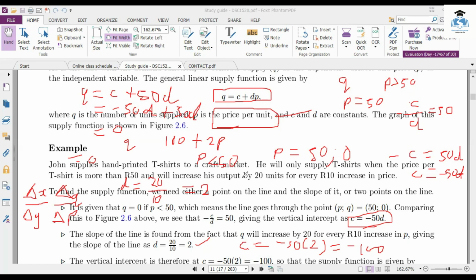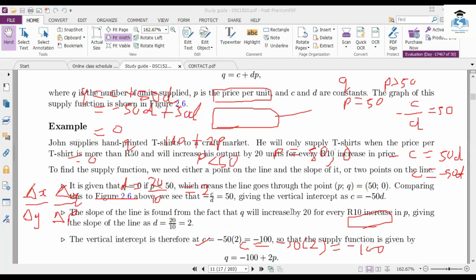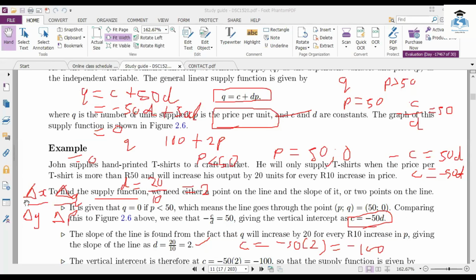So I just want to understand, are these just the variables for the equation or do they represent something as well in this case? Yeah. These variables, what we want to find out is the supply function, the equation for the supply. That's what we want to look for. Okay. So I would assume they're just variables, they don't represent anything. Thank you.